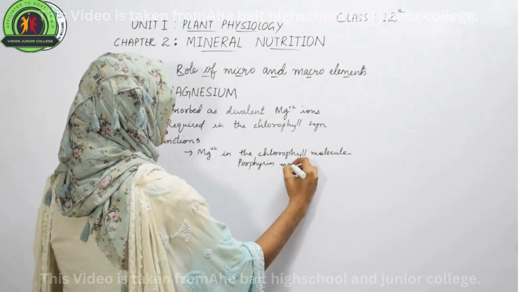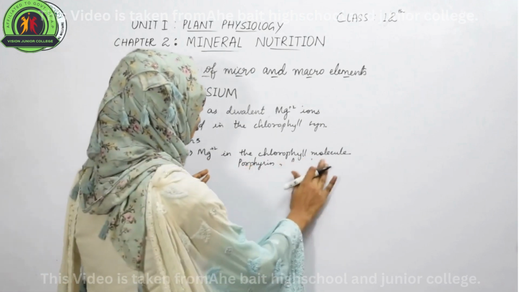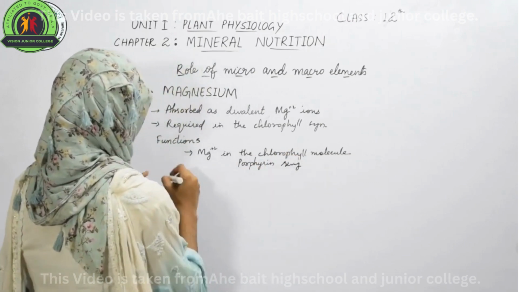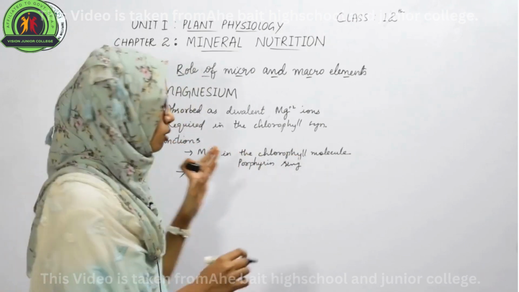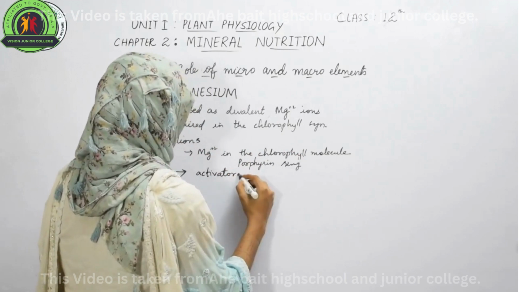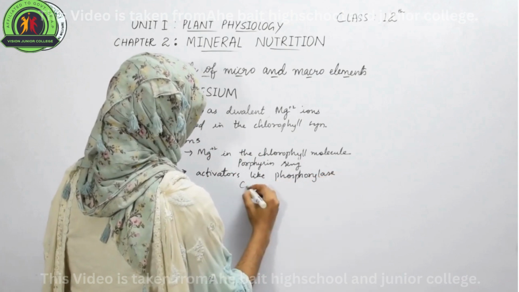The magnesium ions are essential to be present in the porphyrin ring of the chlorophyll molecule, and these magnesium ions also act as activators for certain enzymes like phosphorylase and carboxylase.